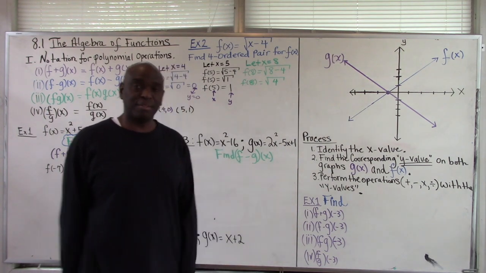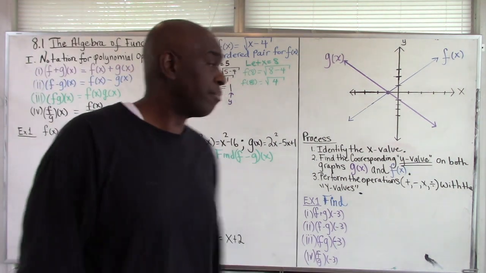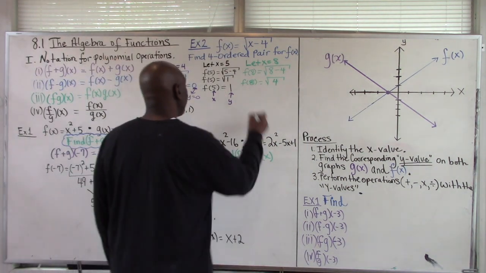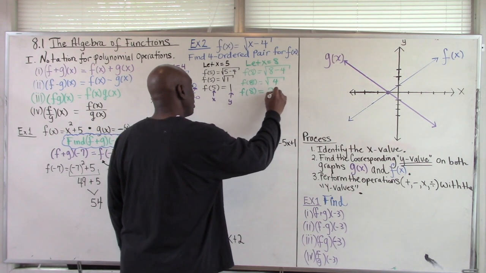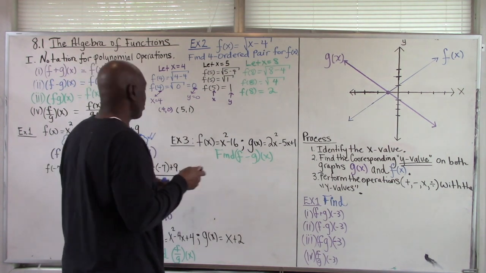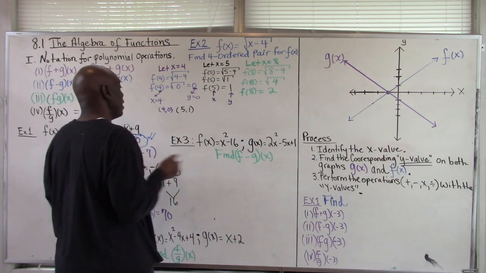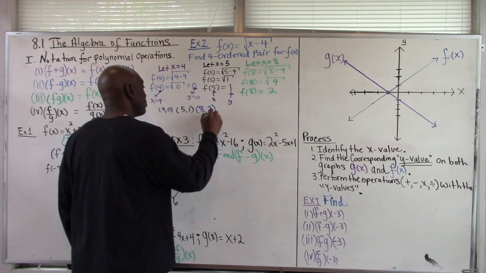You see that? And that's good because I can find the square root of 4. And so f of 8 equals 2. So my next ordered pair is going to be 8, 2.